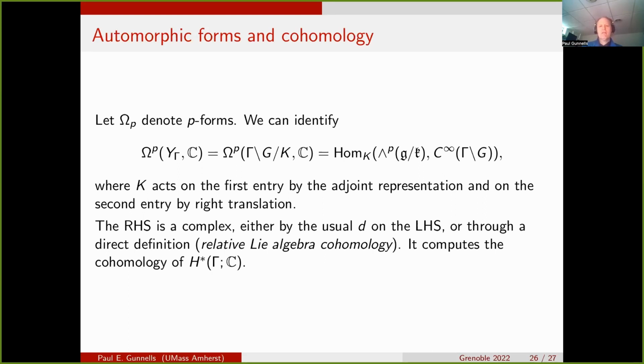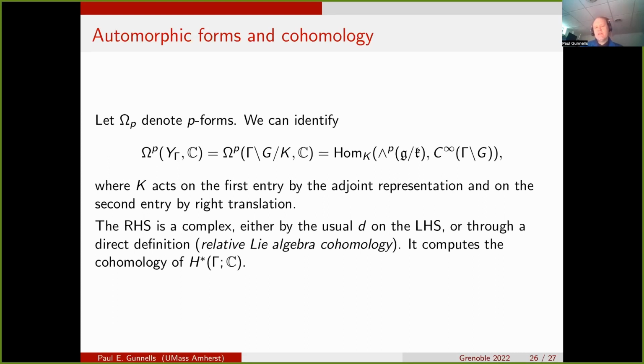Now, that right-hand side is actually a complex if you vary p, because you have the usual de Rham operator on the p-forms, and with this identification it gives you a differential that goes from p to p plus 1.